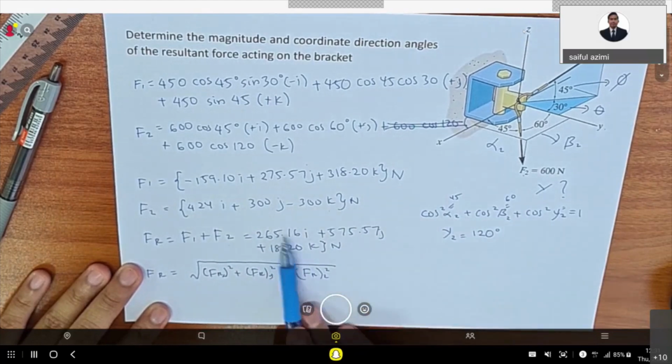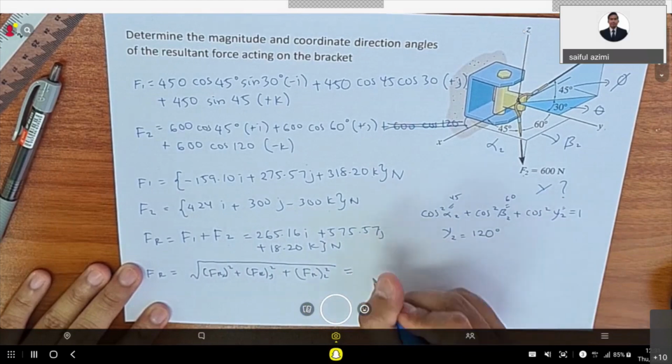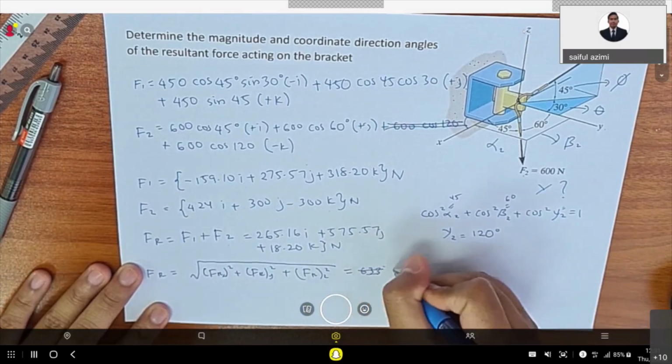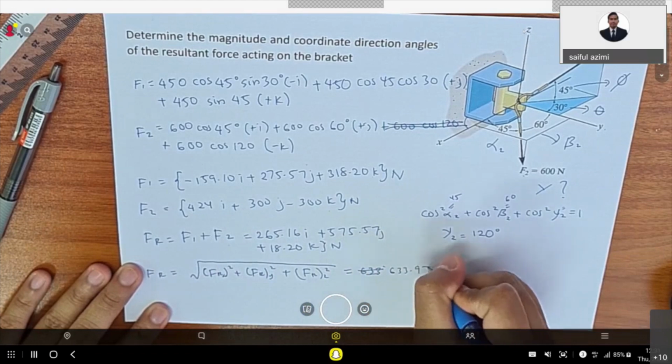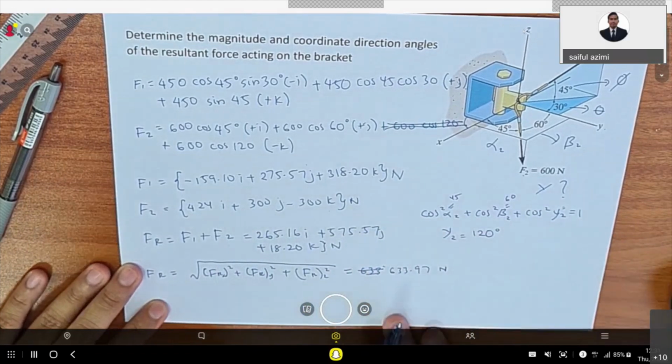So you square all of this and you will get your Fr. It's like 633.97 Newton. So maybe you can round it to 634.